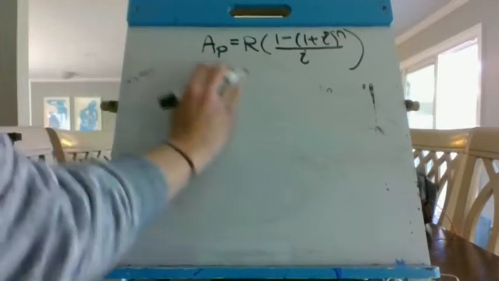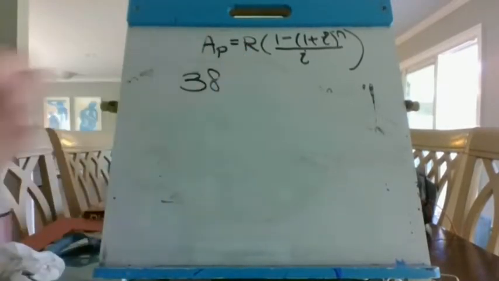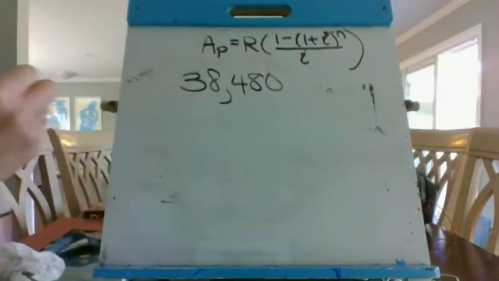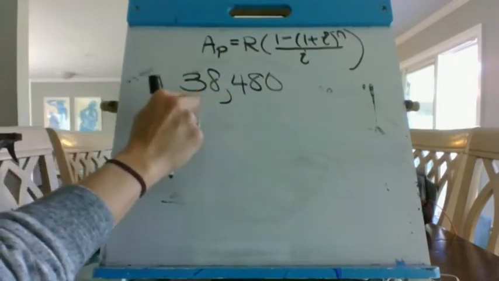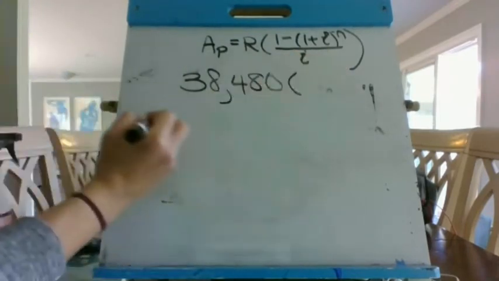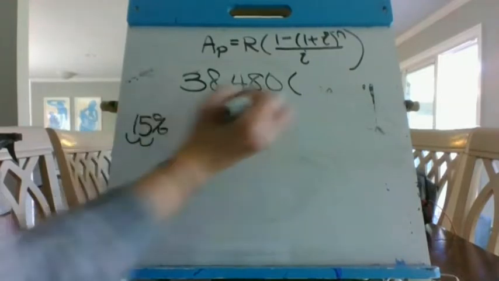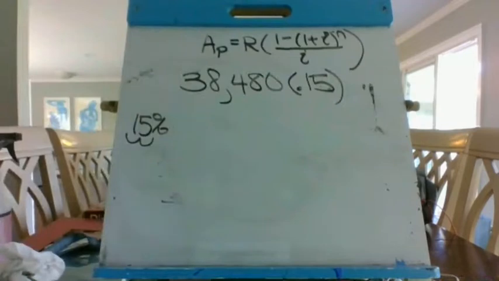All right, so this tells you that right off the bat, if the car is $38,480, your down payment is 15%. To take 15% of this, we change 15% into a decimal. So scoop it twice, and we multiply it by 0.15.